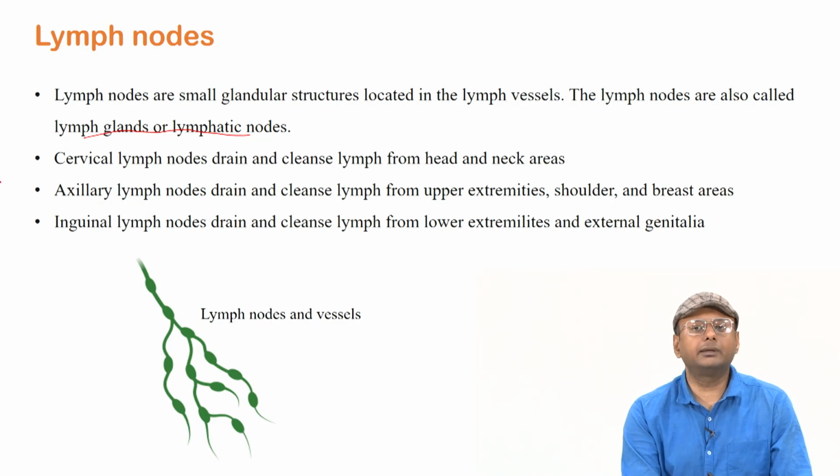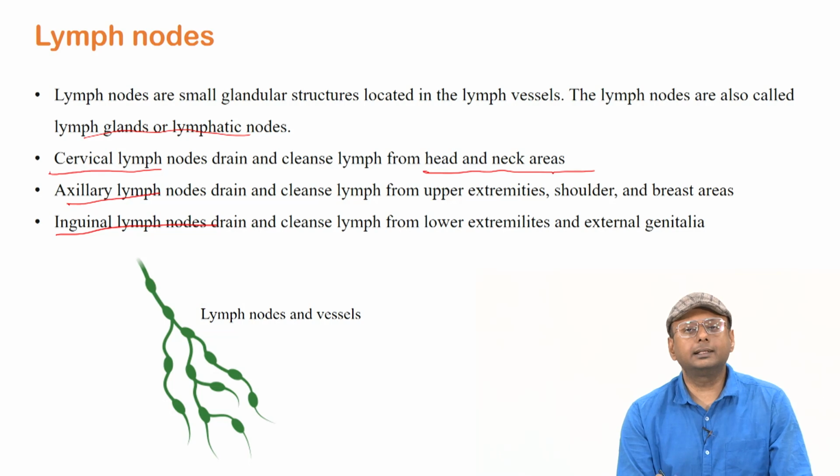So mostly you can see three different lymph nodes: one is the cervical lymph node, one is the axillary lymph node, and then the inguinal lymph node. Cervical lymph nodes clear out the lymph from the head and neck area. Then from the upper extremity of the body, like the shoulder and the breast area, the axillary lymph node cleanses the fluid, and from the lower extremities or the external genital area, the inguinal lymph nodes mostly participate.